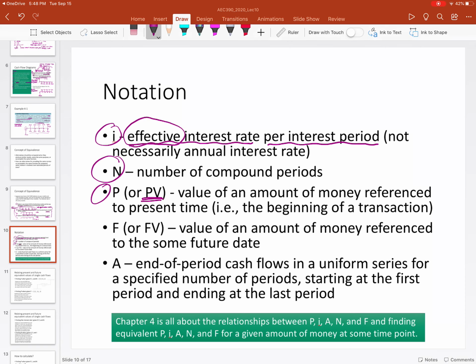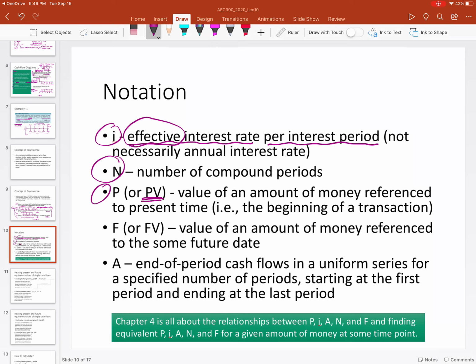Okay, so PV is the value of an amount of money referenced to present time. Remember we said we want to convert the cash flows to some single value so that you can compare, right? That single value needs a time spot. It could be a value at present. It could be a value of money in the future. It also could be the value of money at the end of every interest period.